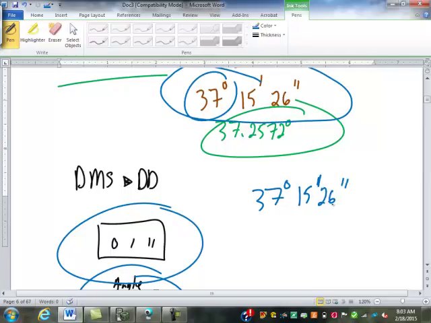The exception to this would be if you have a graphing calculator. I don't think anybody's using a graphing calculator today. If you end up using one, let me know and I'll show you how to do it on there. It's just a little bit different. And once you've got that entered, just hit equals, and it should automatically change it to decimal degrees for you. Okay, so once you have it punched in, hit enter.